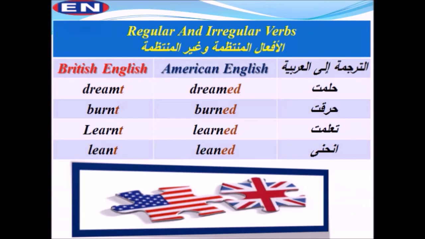So in British English, the verb to dream, they say dreamt. But in American English, they say dreamed. Another example, burnt. But in American one, burned. The second example, learnt in British English, learned in America.